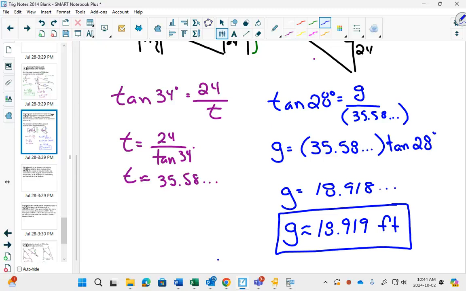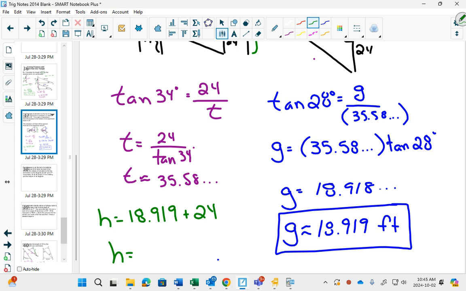Right. That's G. But that's a really good thing to look back. What did I want to find? I wanted to find H in the end. So now H, which is the total thing, will be the 18.919 plus the 24.